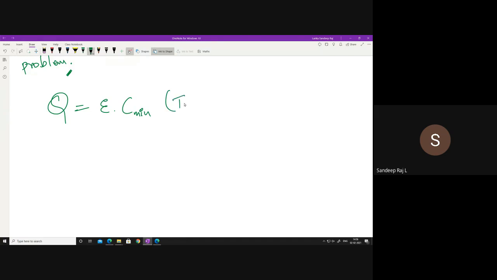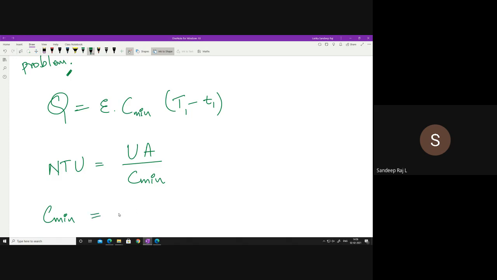Cmin into capital T1 minus small t1. This is the Q formula. Then you have the NTU formula here. NTU formula is UA by Cmin. Cmin means what?